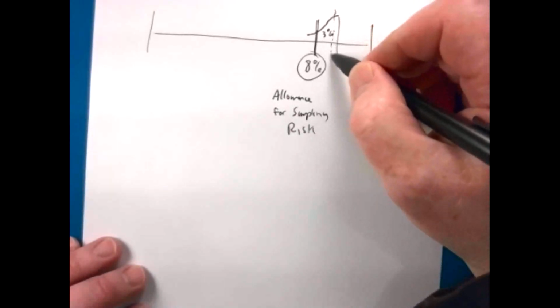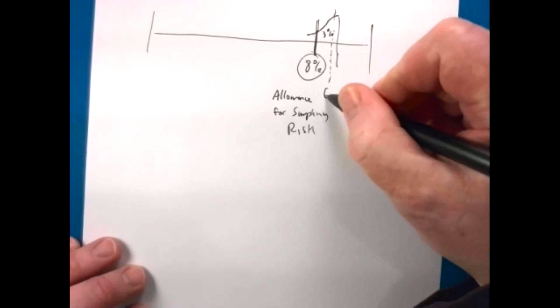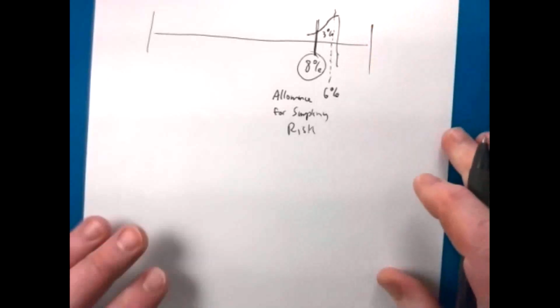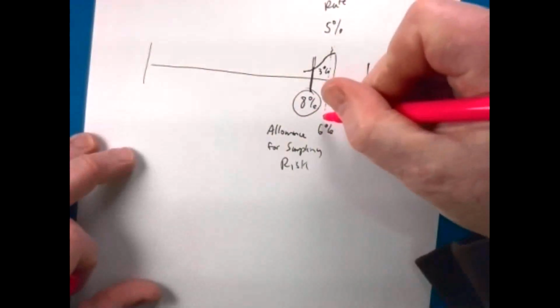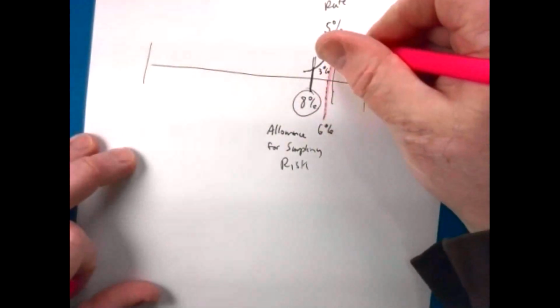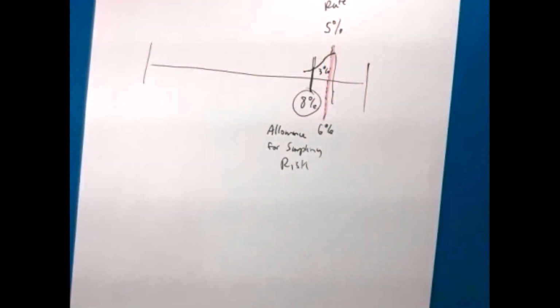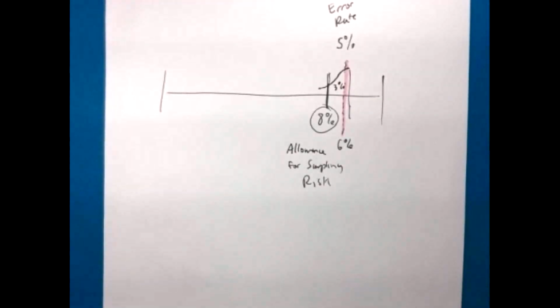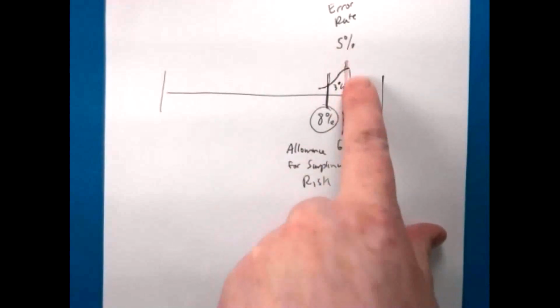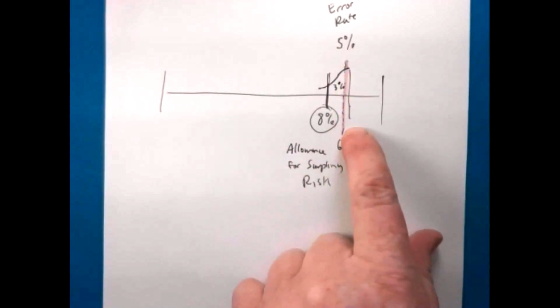This is our cutoff, 6%. So the question is, are we going to accept these results and rely on the internal controls? This is our error rate, our best estimate of the error rate.